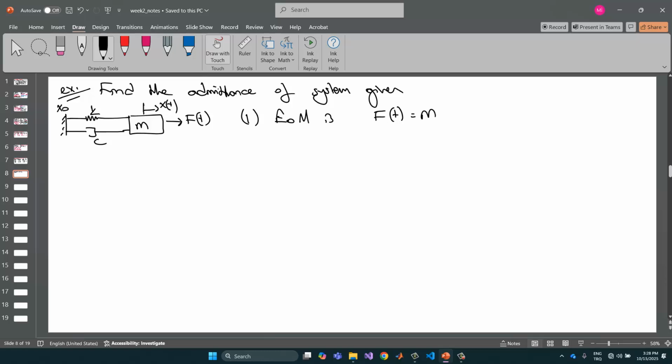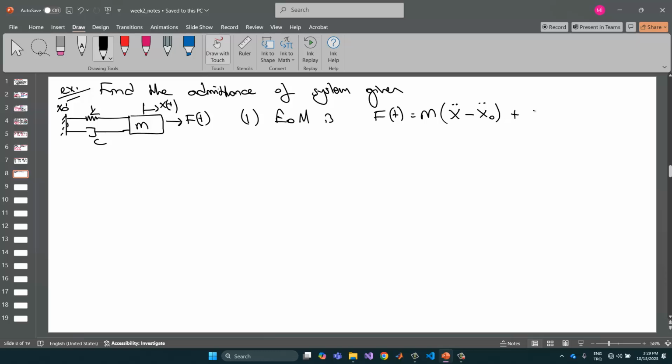This is the x0, and if we pull this m, the deflection rate is M times x double dot minus x0 double dot, right? Because this is fixed, right?